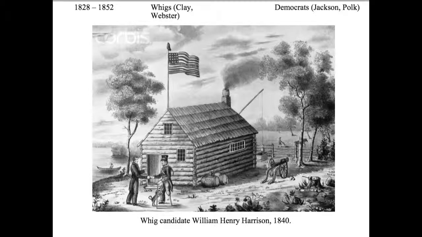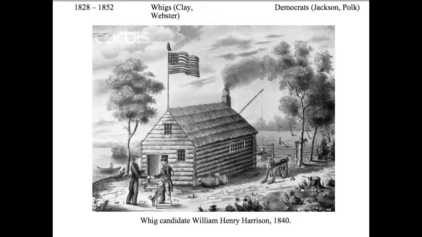From 1832 to 1852, the Democrats, who had presidents like Andrew Jackson and James K. Polk, would generally be the party of small government, a little bit like Jefferson's old Democratic Republicans, and the Whigs, with not quite presidents like Daniel Webster and Henry Clay, but with actual but relatively unimportant presidents like William Henry Harrison and Zachary Taylor, would generally be the party of a more activist, bigger government. You could say the heirs of John Adams's and Alexander Hamilton's old Federalist Party.